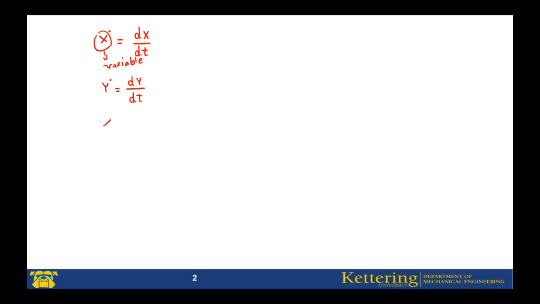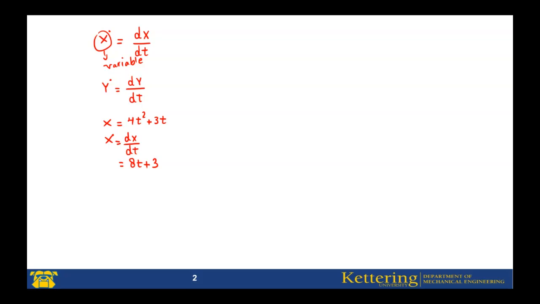If x, for example, is 4t squared plus 3t, x dot will be the derivative of x with respect to time, which is equal to 8t plus 3. We need x dot and y dot to show the change of the variables in time.